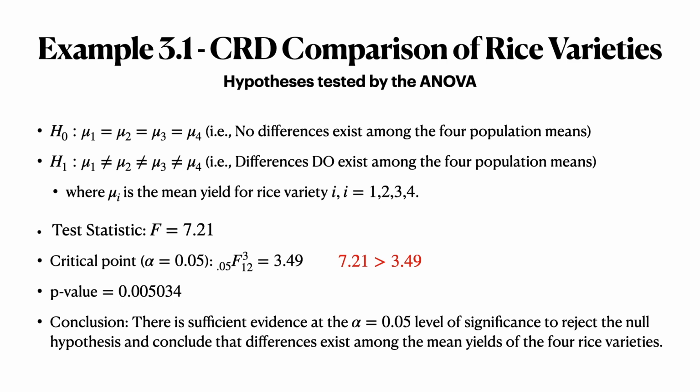We see that the test statistic, 7.21, is greater than the critical point, 3.49. The p-value, which is 0.005034, is less than or equal to the significance level that we're using for the test, 0.05. And so we see that there is sufficient evidence at the 0.05 level of significance to reject the null hypothesis and conclude that differences exist among the mean yields of the four rice varieties.